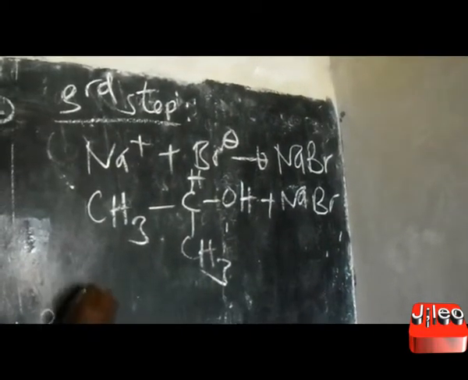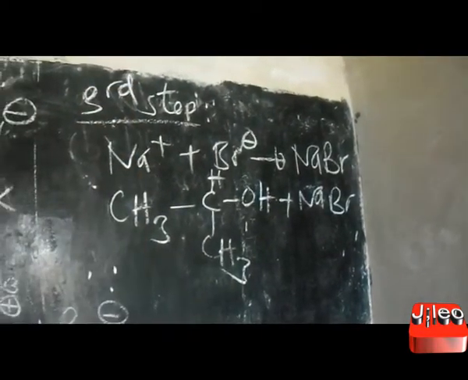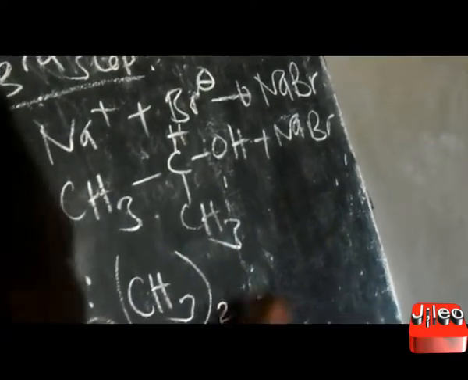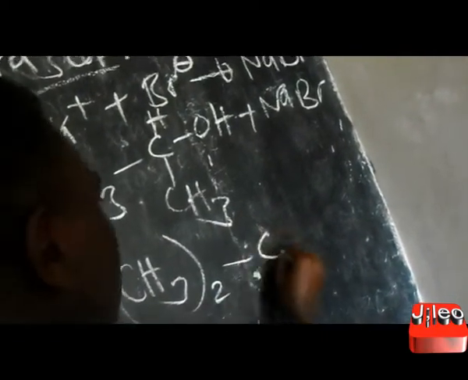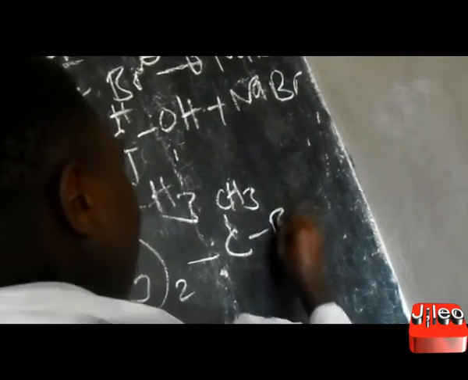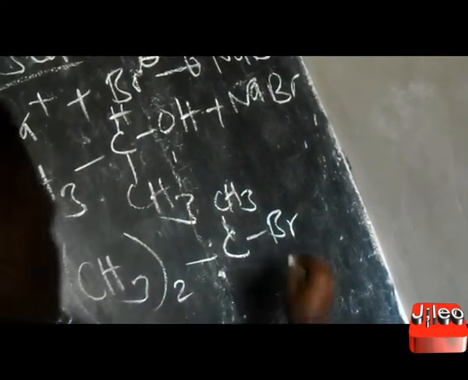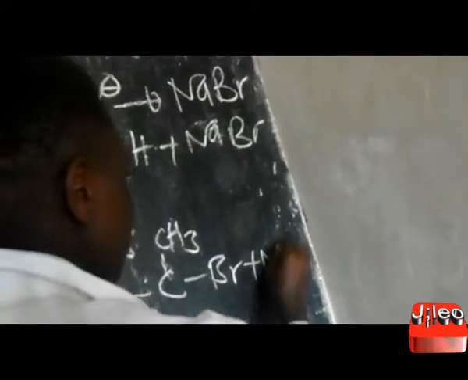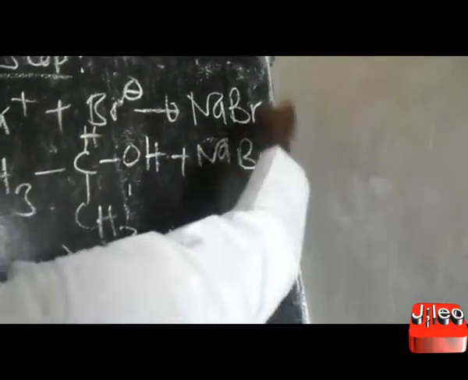So now we can conclude by saying that CH3 bracket 2 carbon CH3 bromine plus sodium hydroxide can produce what we have already formulated here, which is the alcohol and the sodium bromide.